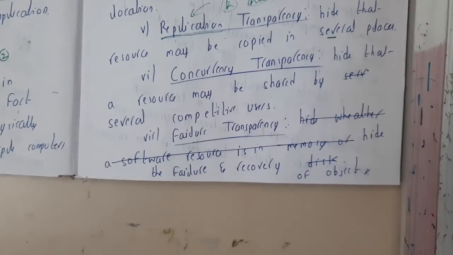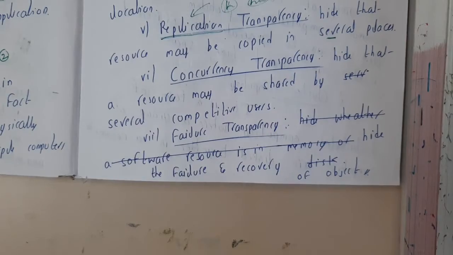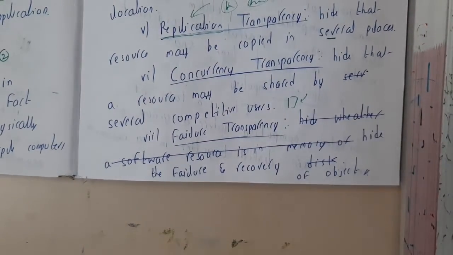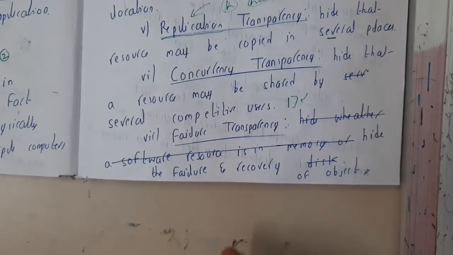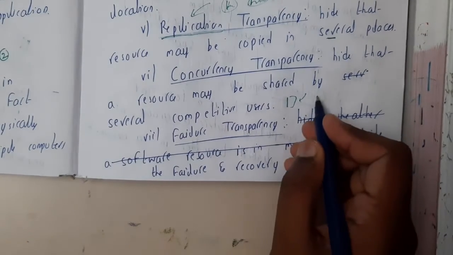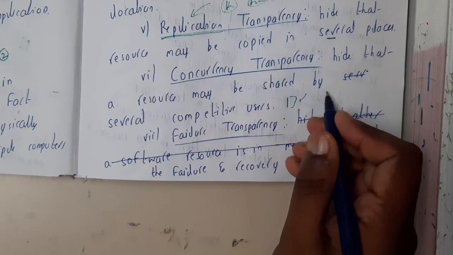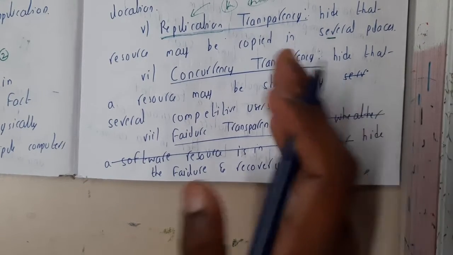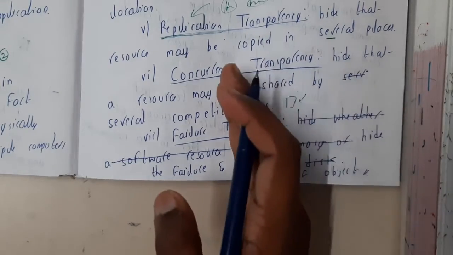Similarly, failure transparency. Whenever a system or a component has failed, the failure and the recovery process might be hidden. Why show it to everyone? Whenever a website is down, it could be down in some particular regions and up in other regions. It is working in some places and in other places the server is down.